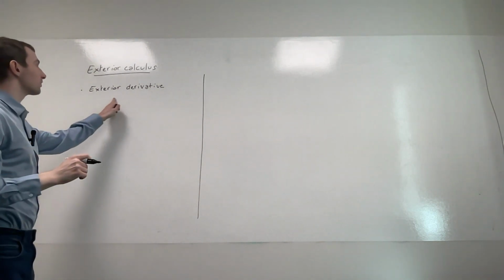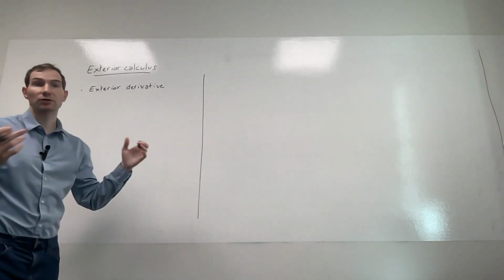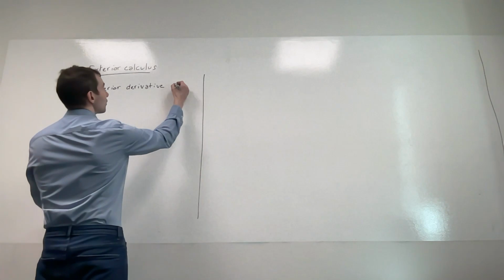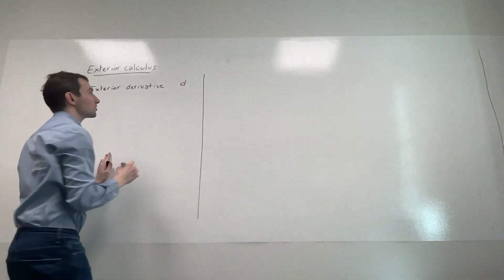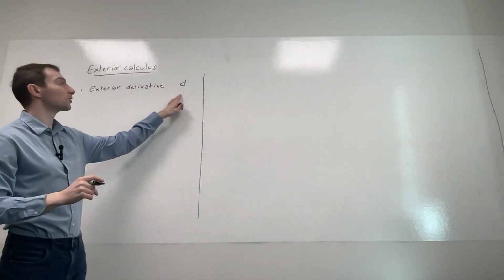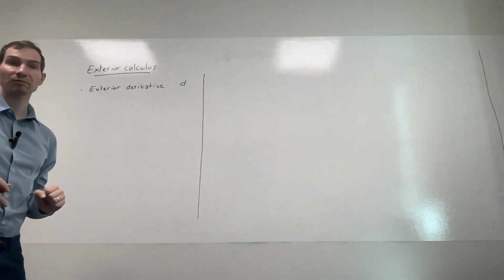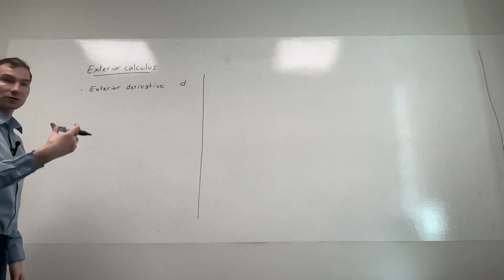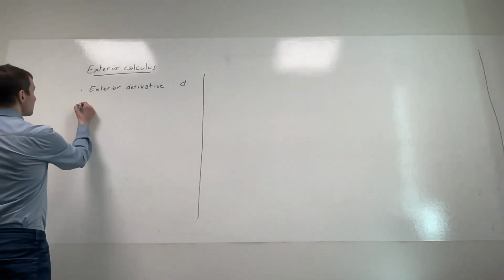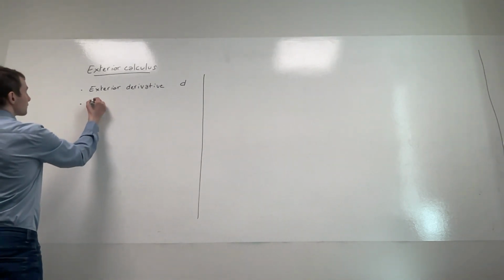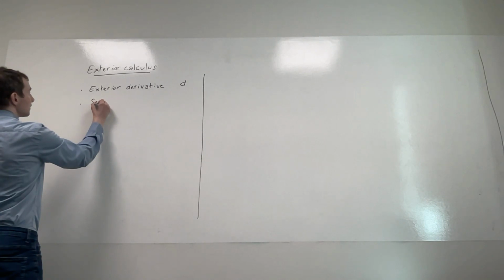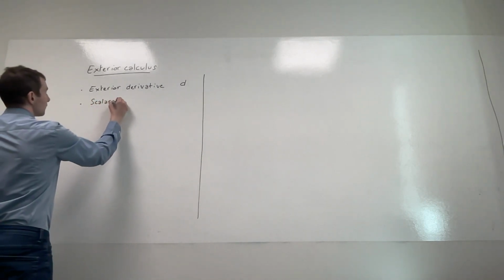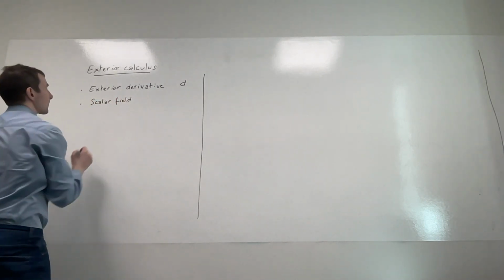Traditionally, the exterior derivative is simply denoted d and nothing else. Usually, to define it, you start by defining it for what is called a scalar field.